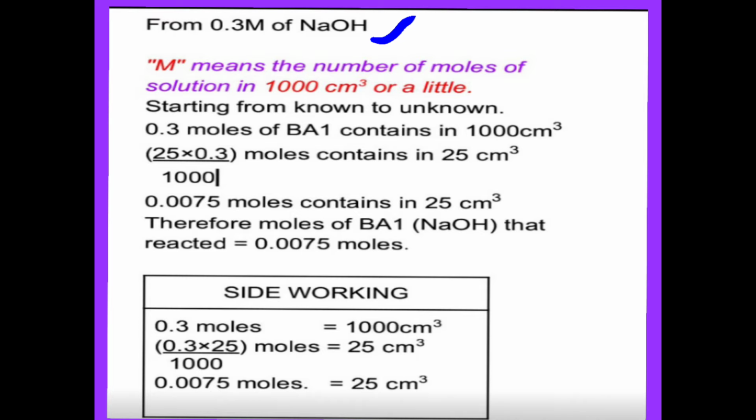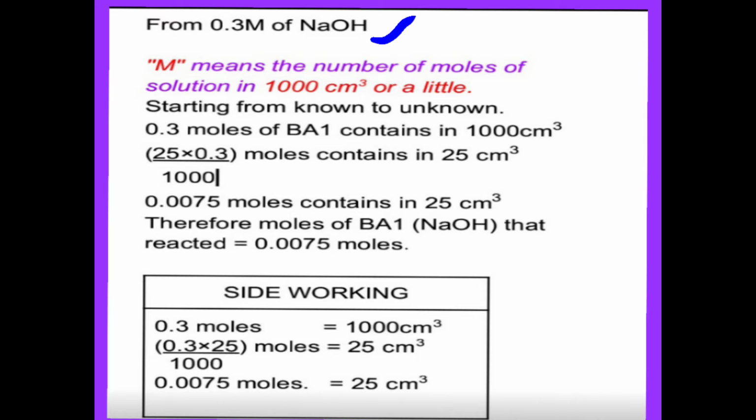In mole concept, if you see any number attached to a capital M, maybe 0.2 capital M, 0.1 capital M, 1 capital M, any number, it means that you are having those number of moles contained in 1000 cubic centimeters to make a solution.